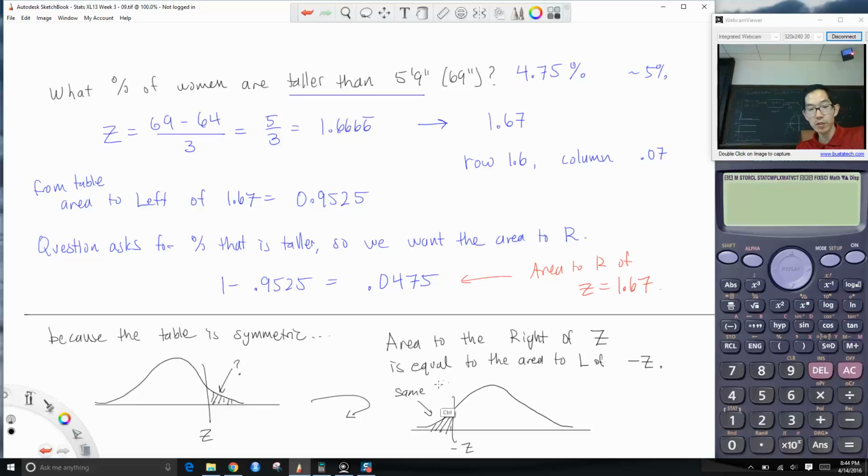It's a little bit of a shortcut because the table will always give you the area to the left. If you're not comfortable doing that, don't worry about it. But you can always find the area to the left and subtract that from 1, and that will give you the same answer as well.